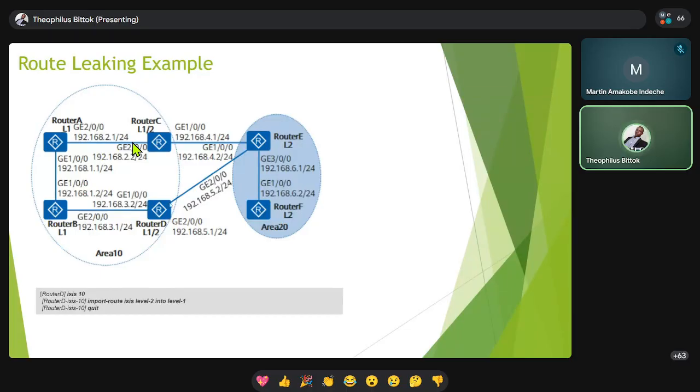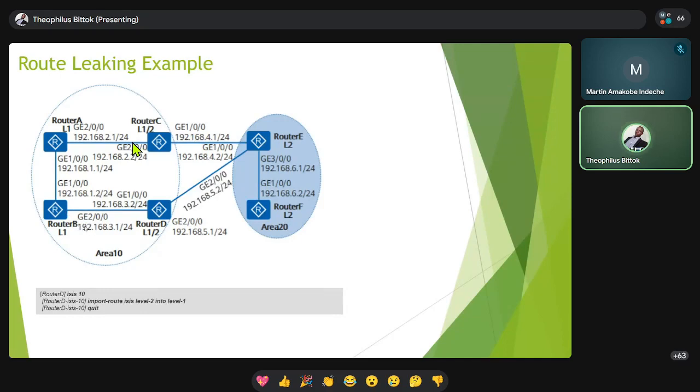So basically, these are your aggregation routers, and router E and router F are your core routers. And then router A and router B, those are your L1 routers.